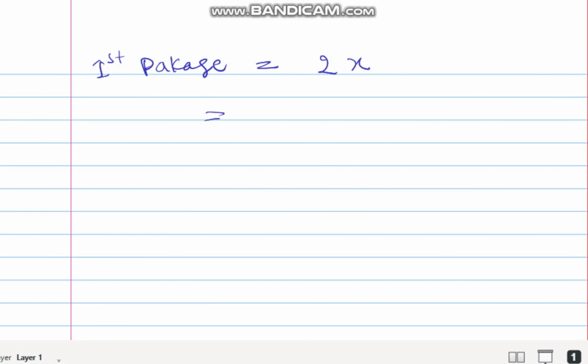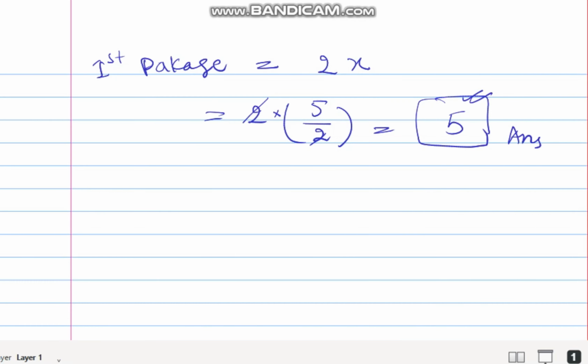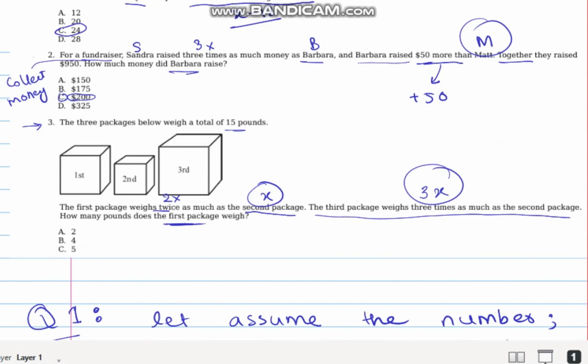Now we know x: x is 5 over 2. It is a multiplication, obviously. The 2 and 2 will cancel out, and I will get the first package equal to 5. Yes, very good. So let me write here the 5. The 5 will be our answer, because the 5 is also written in the question here.